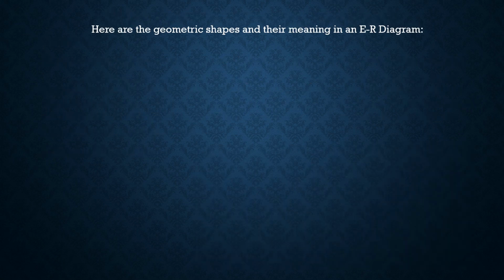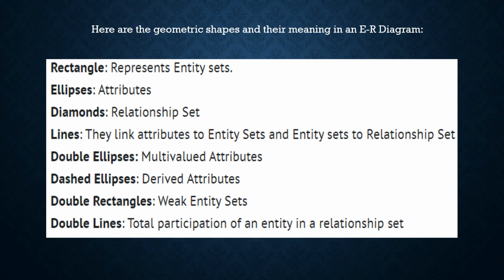Let's move on to the next slide. Here there are some geometric shapes and their meanings in an ER diagram. The first one is the rectangle, which represents entity sets. The ellipse indicates the attributes of a particular entity. In the previous slide, the attributes of student were student ID, student name and student address.